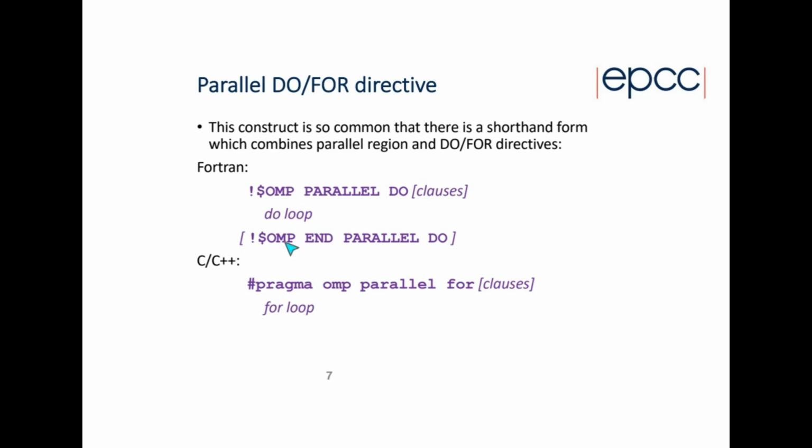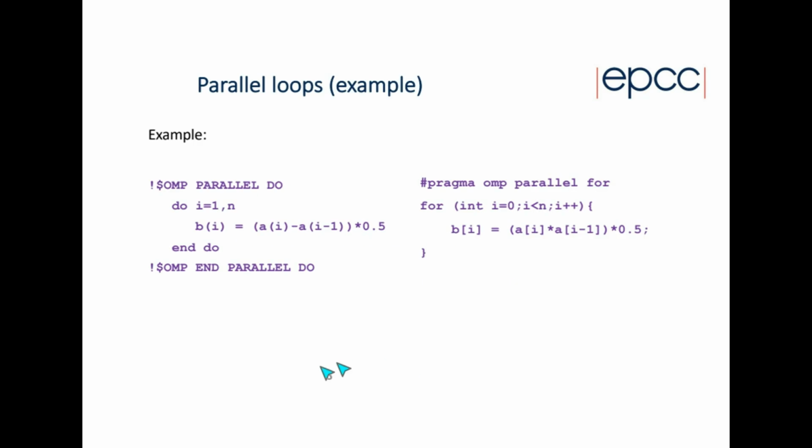In Fortran, you can say OMP parallel do, or in C and C++, #pragma omp parallel for. That combines both the parallel region and the work sharing directive into a single directive. So for that same example, you can tidy it up a bit and make it look neater and code it like this.